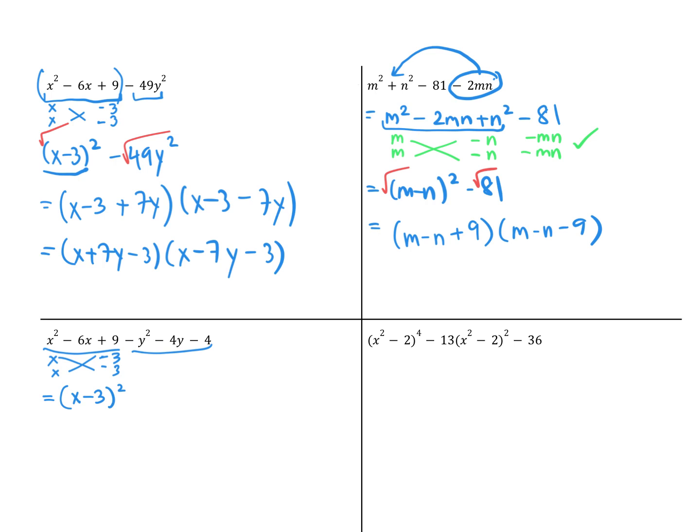But for the second one, I can't just put random brackets around it like I would have for the first term. So what I have to do first to get those brackets in, I have to factor something out. And because the y squared is negative, I have to factor negative 1 out. And that's going to give me y squared plus 4y plus 4.